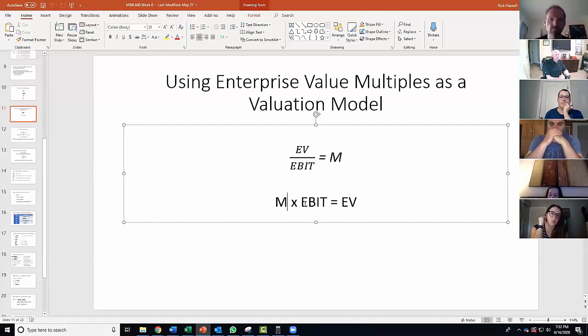Remember that we can estimate enterprise value using one of our models, or we can calculate enterprise value. Enterprise value is equal to the market value of the common, plus the market value of the preferred, plus the market value of the debt minus cash. So if we look at this from a very simplistic standpoint and say the company has no excess cash, so we're going to hold cash at 0.